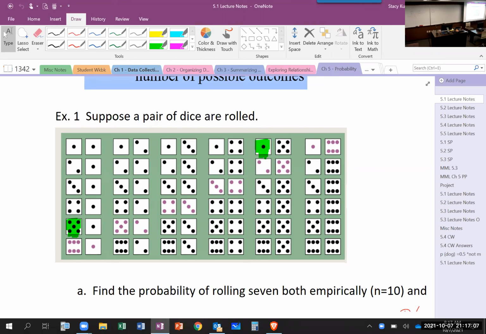Now, what if I want to know the probability of a loss? What constitutes a loss? If I roll a 2, do I lose? Yes. If I roll a 3, do I lose? Yes. If I roll a 4, do I lose? Yes. You see where I'm going with this?